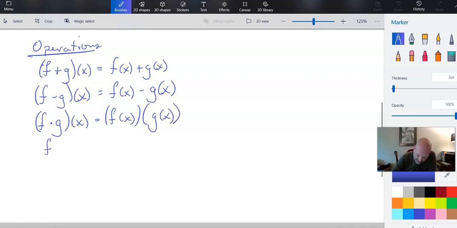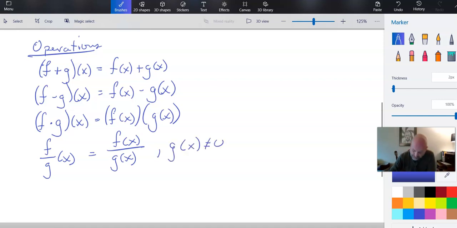And the last one is function division, which means take f of x and divide by g of x, as long as g of x is not equal to 0. Okay, so those are the first four.